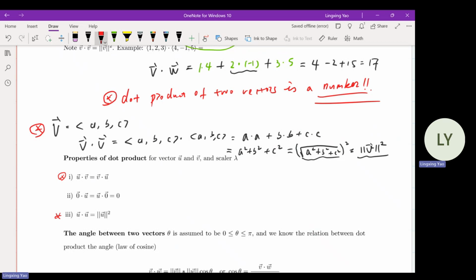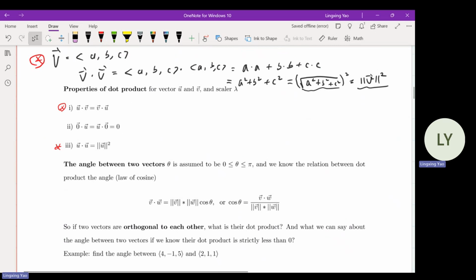Okay, so why do we care about this dot product? Actually, this dot product is closely related to some of those geometric ideas we should be really careful about. And here's what we want to say about the so-called law of cosines.